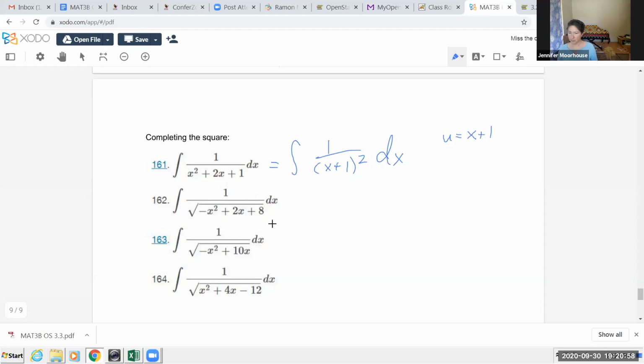Let's see, this one's a little bit trickier. So minus x squared plus 2x plus 8, I want to rewrite that so that I have a perfect square. Essentially, you kind of want to just think about this part and what you need to do to make it into a perfect square.